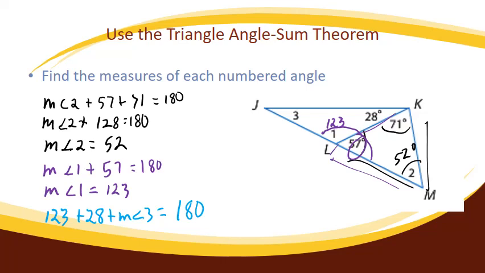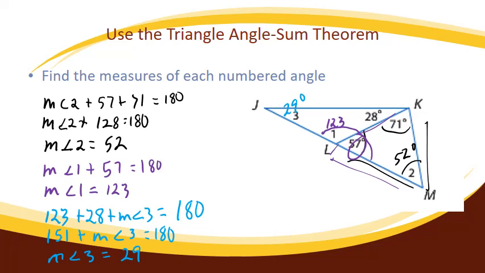That's 151. So 151 plus the measure of angle 3 equals 180. Let's subtract 151 from both sides, and therefore the measure of angle 3 is going to equal 29. So this is going to be 29. Well, Shazam, we did it.